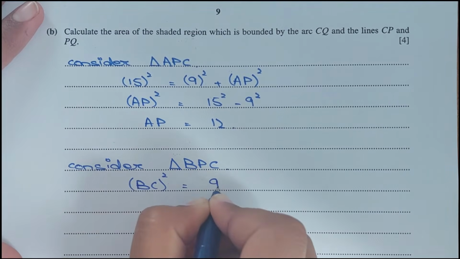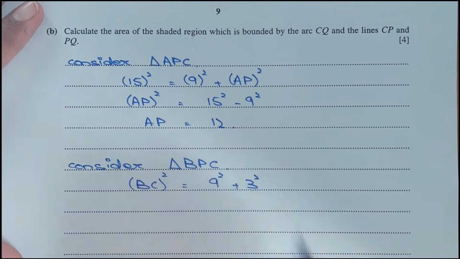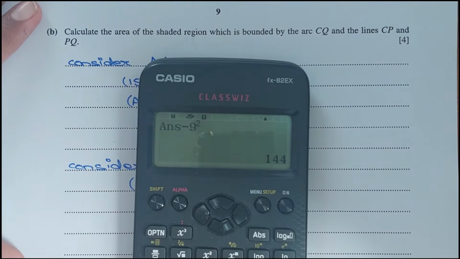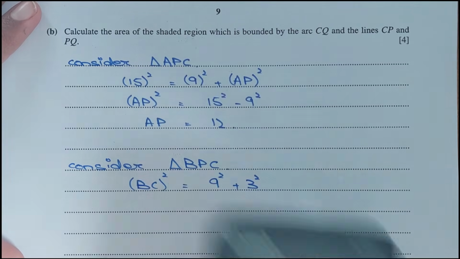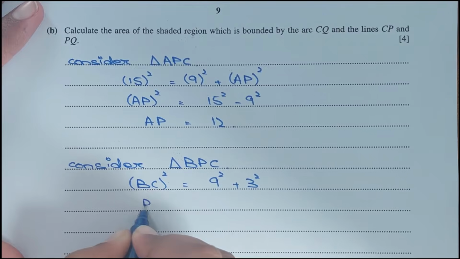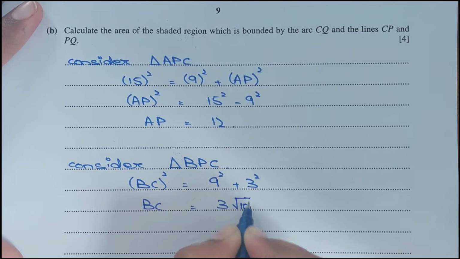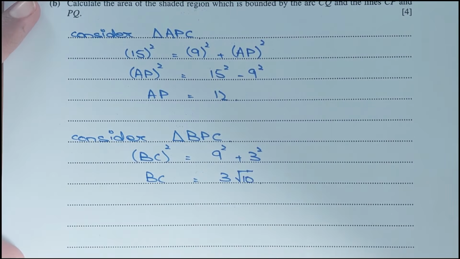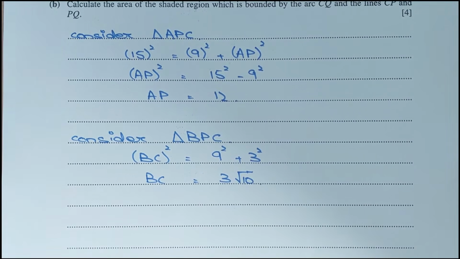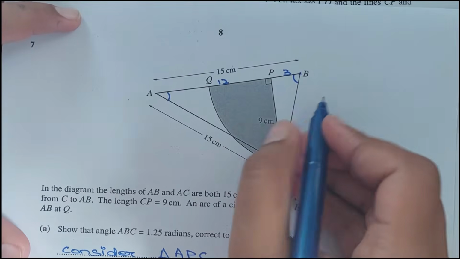The two legs are 9 and 3, so 9 squared is 81 plus 3 squared is 9, and the square root of 90 is 3 square root of 10. So BC is 3 square root of 10.